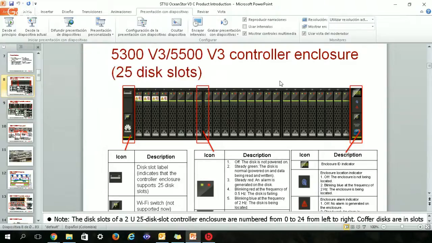Remember that I said that we were talking about storage solutions. So basically we have hard drives in a box, and we need to control those hard drives. In order to do that, we have a controller enclosure. In that controller enclosure, we've got 25 disk slots. The height is 2 rack units, and it supports up to 25 disk slots.